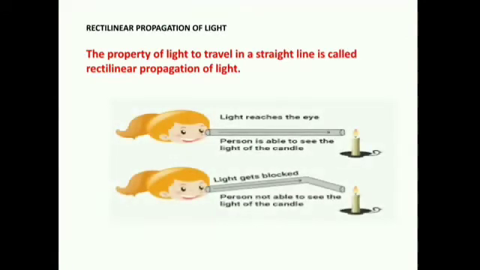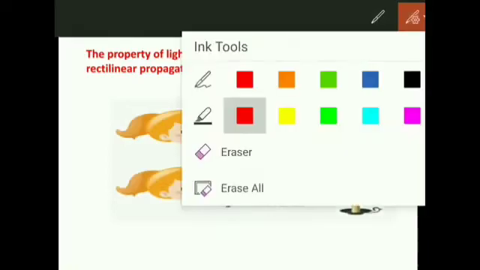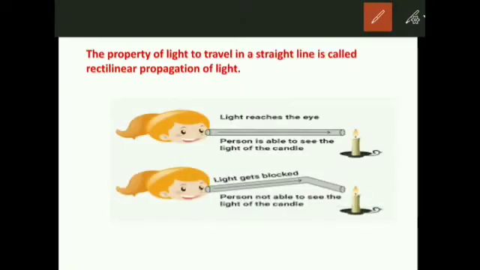In order to understand, let us see this experiment. In diagram number 1, you will see the girl is looking through this pipe and there is a candle over there. Light reaches the eye. Why does light reach the eye? Because light travels in a straight path through this pipe. Now in the second case, light gets blocked.